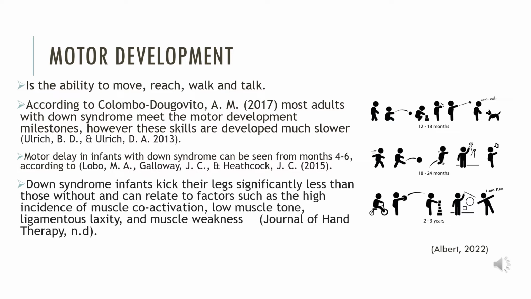Infants with Down syndrome kick their legs significantly less than those without, and this can relate to factors such as high incidence of muscle co-activation, low muscle tone, ligamentous laxity, and muscle weakness. Furthermore, the cerebellum is smaller, influencing posture, adjustment, and the sensory system.